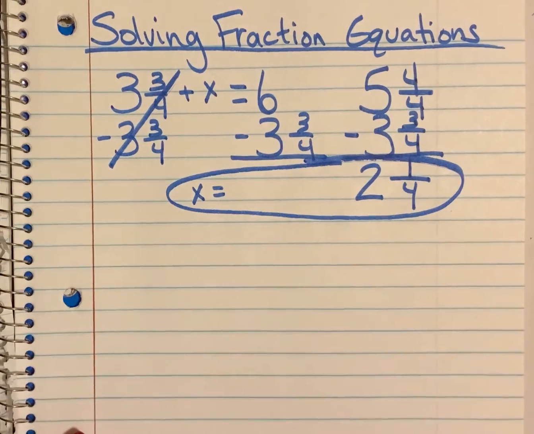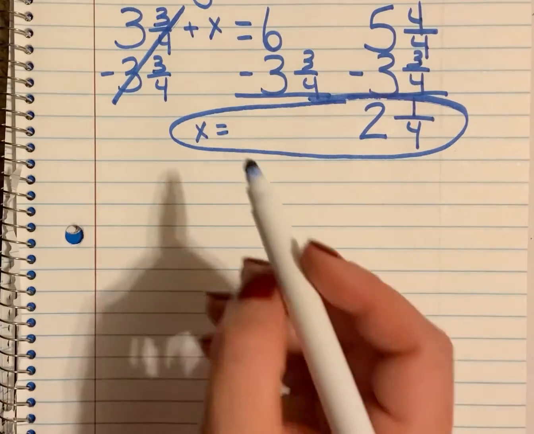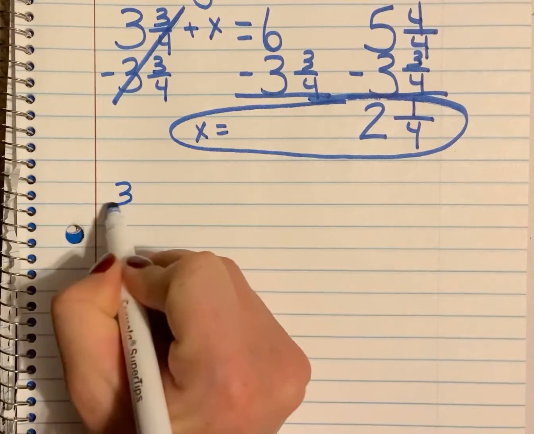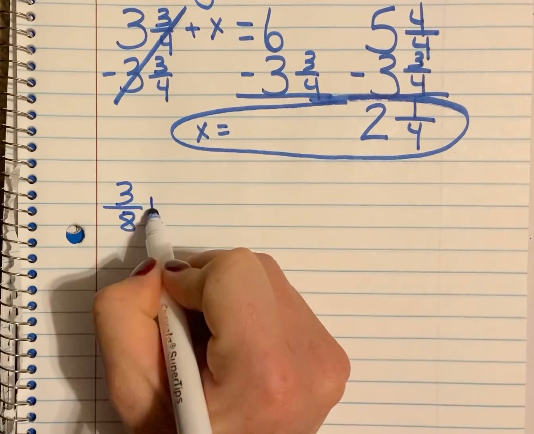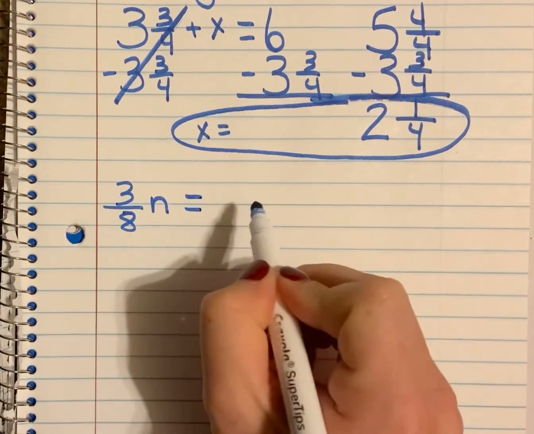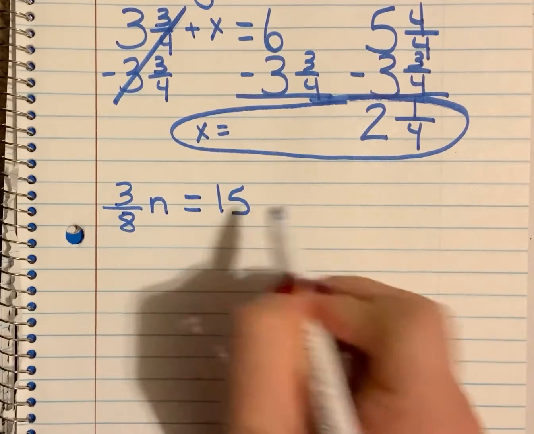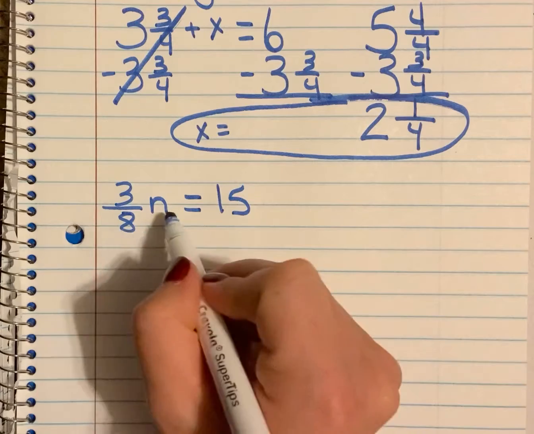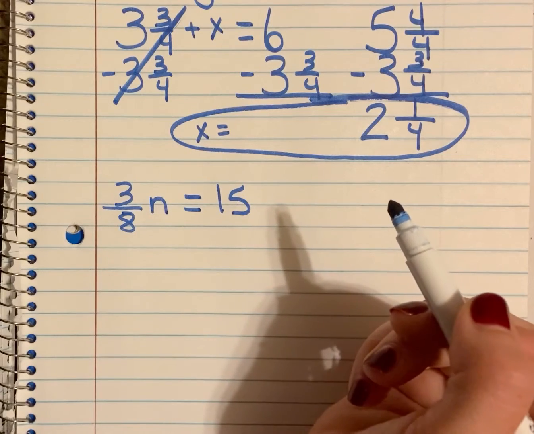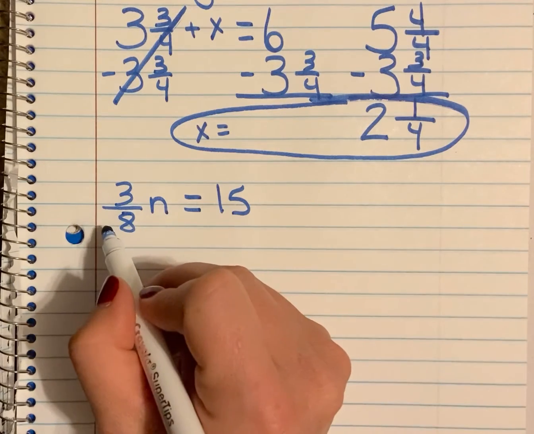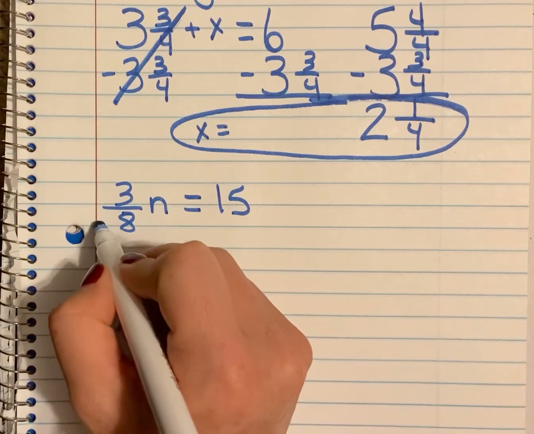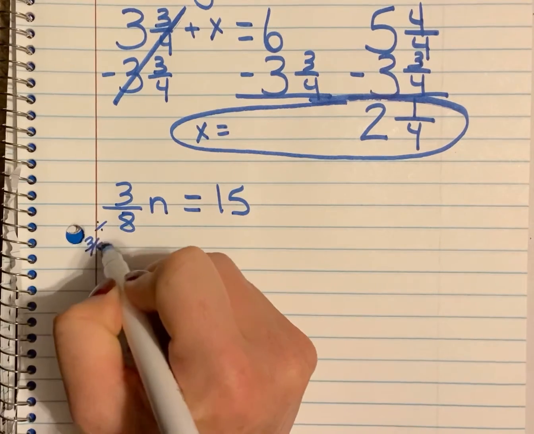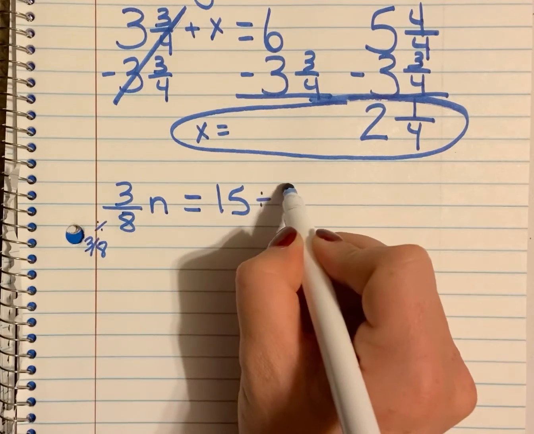Let's do another example. 3/8 times n is equal to 15. We know that this is multiplication. So we know we need to divide by 3/8 on both sides.